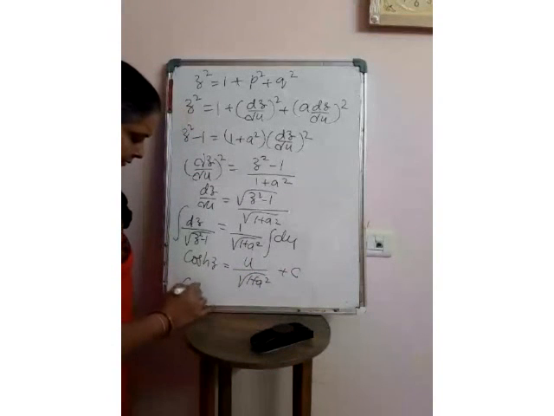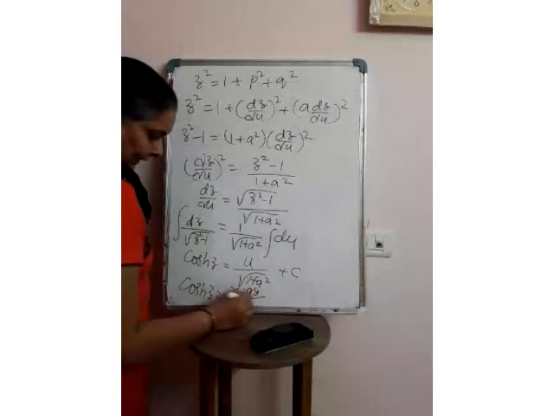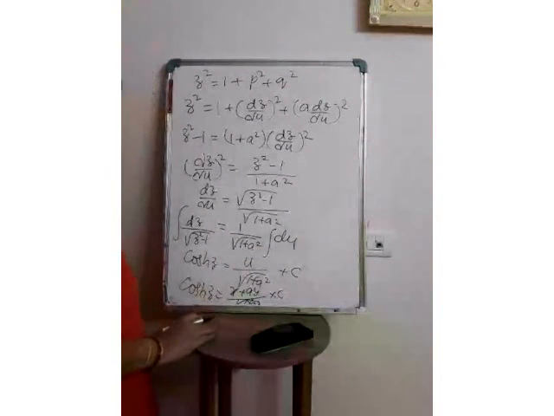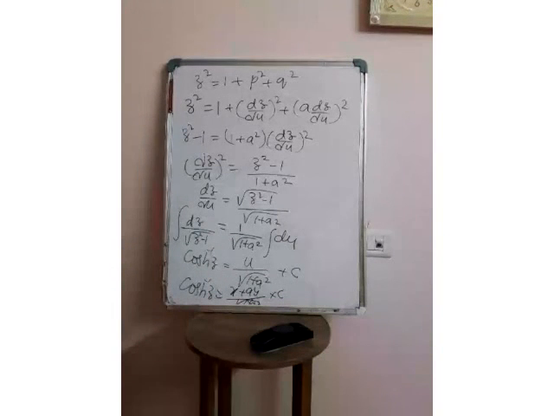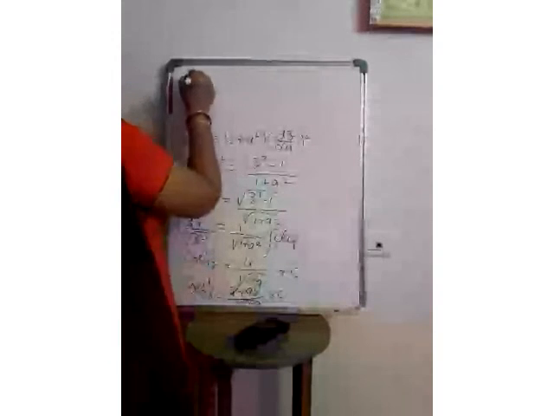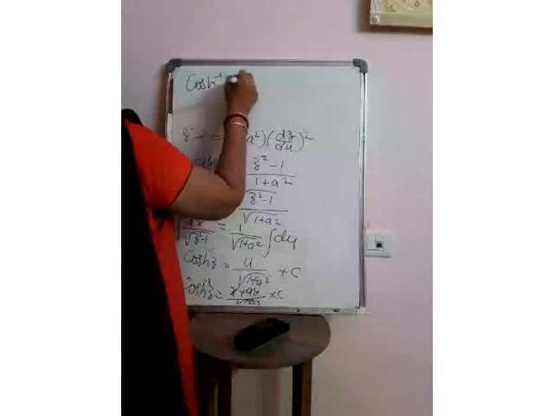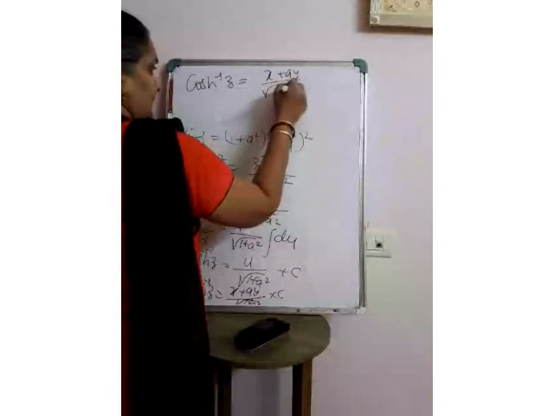So cosh inverse z is equal to (x plus ay) by root over (1 plus a square) plus c. So you can leave the solution like this. What will be the solution? Cosh inverse z is equal to (x plus ay) by root over (1 plus a square) plus c.